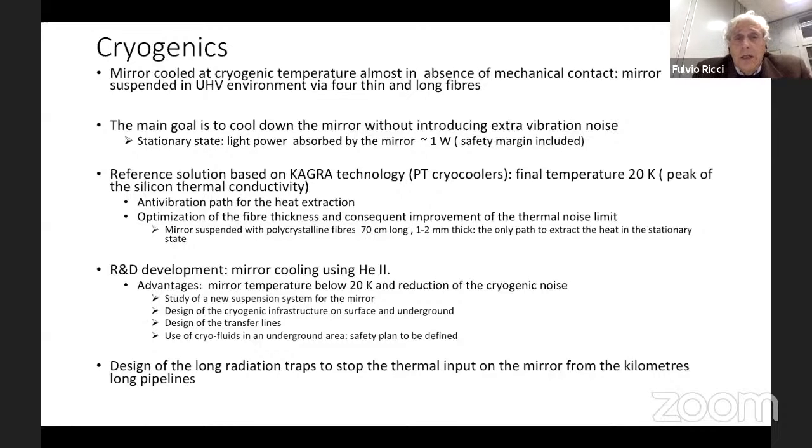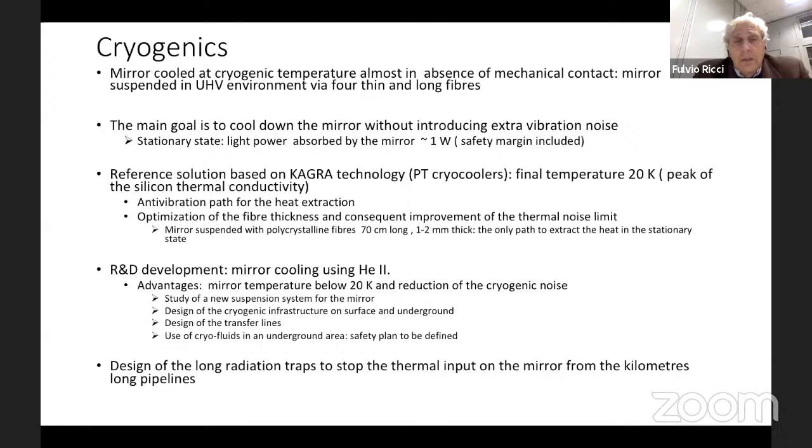The main goal is to cool down the mirror without introducing extra vibration noise. This must be stressed at all times, because when you are introducing cryogenics, you are introducing an extra noise, of course.